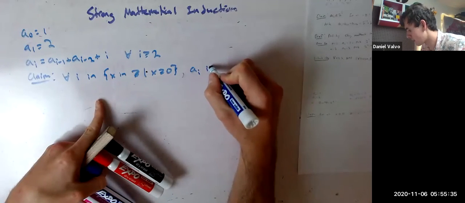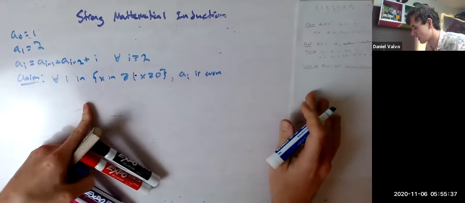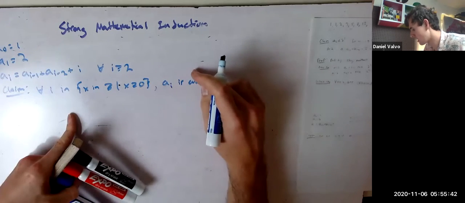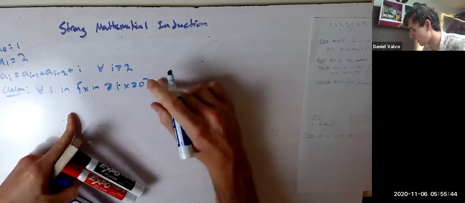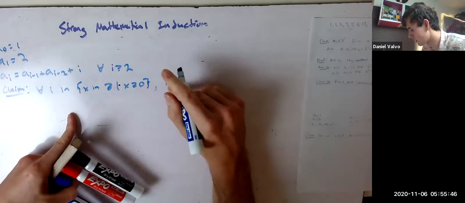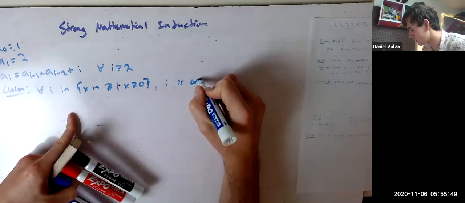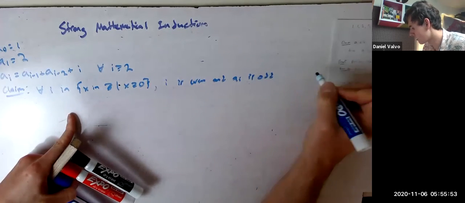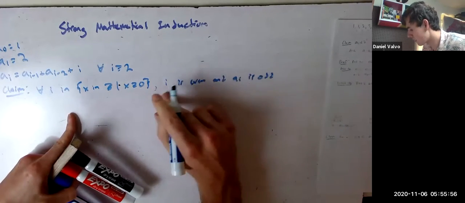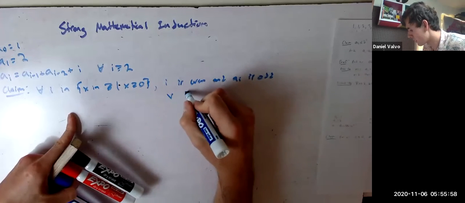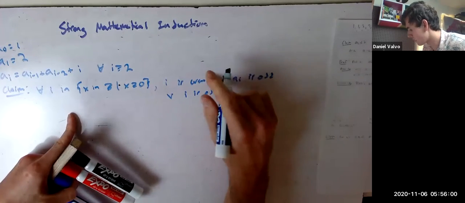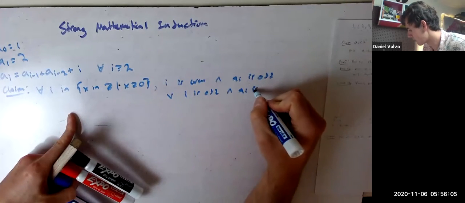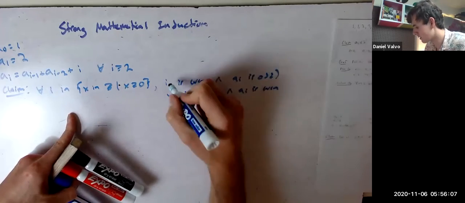a_i is even and i is odd, or i is even and a_i is odd.